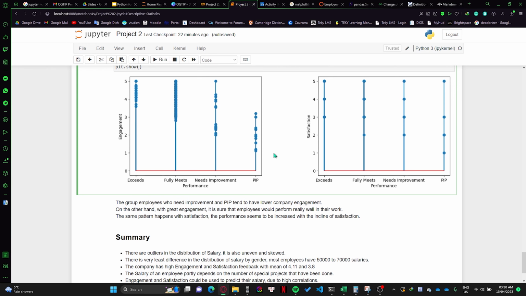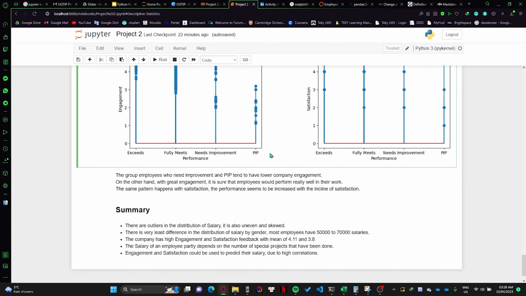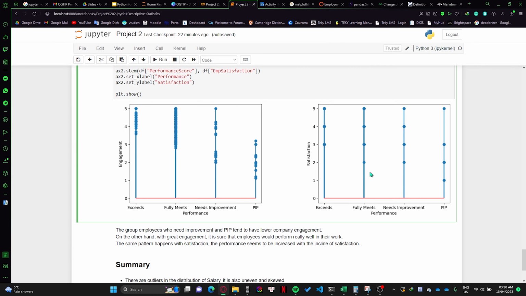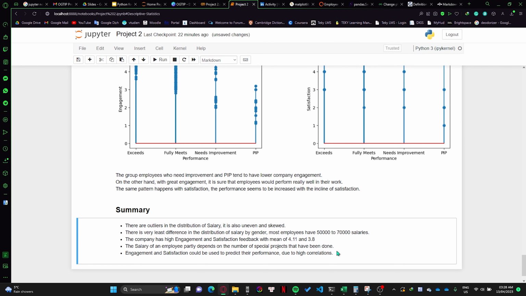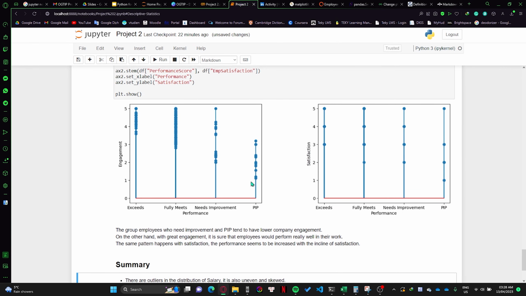We can base on the engagement and the satisfaction; they could be used to predict the performance of the employees due to the high correlations.